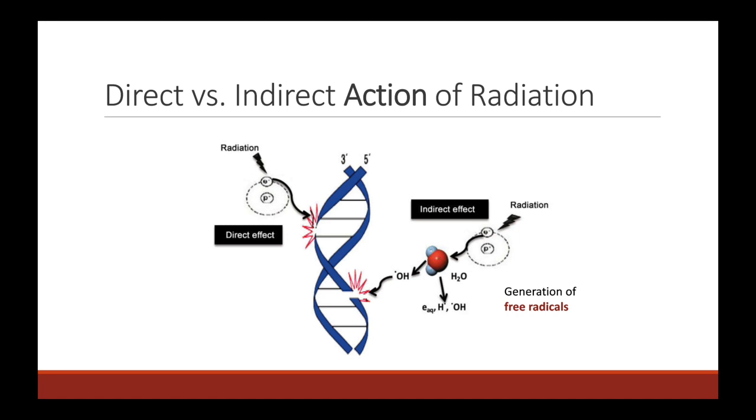And then the free radical that is generated actually goes and interacts with the DNA, causing DNA damage. So it can happen both ways, direct or indirect, but the indirect action is much more common because water is so prevalent in the body. It's very likely that once you have that electron that's dispelled, an interaction will take place with water, generating a free radical, and then it's that free radical that goes and actually damages the DNA.